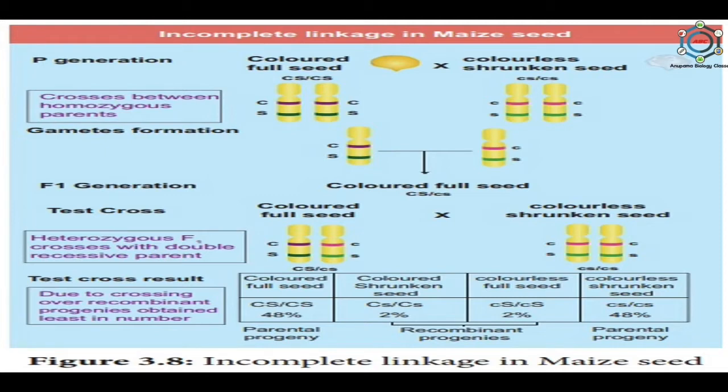When the F1 hybrid is test crossed with the double recessive parent, that is ccss, four classes of descendants are obtained instead of two.